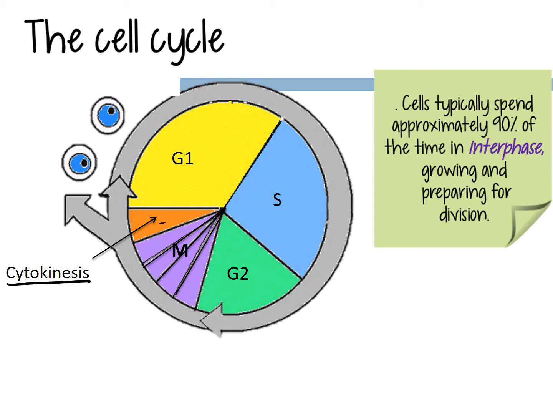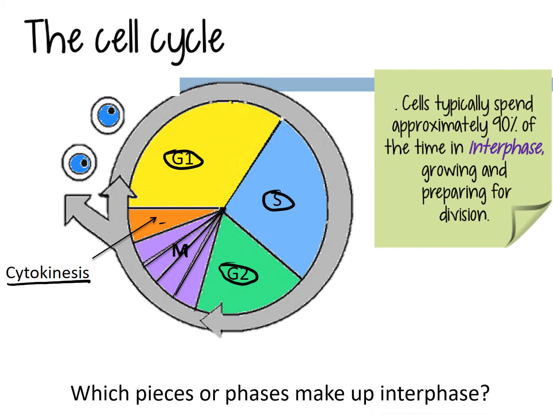You need to put the letter M, or you can spell out mitosis. If you color code this would be even better. G2, S, and G1. Okay, so all of those need to be pointed out on your notes.